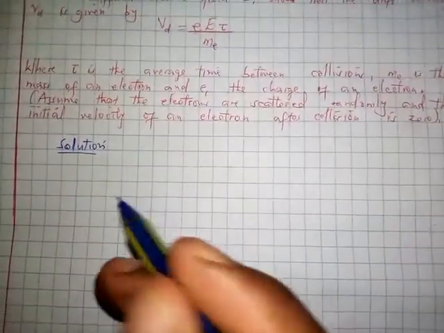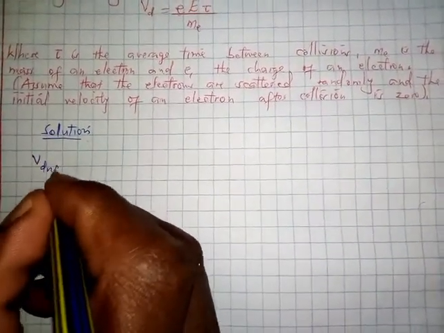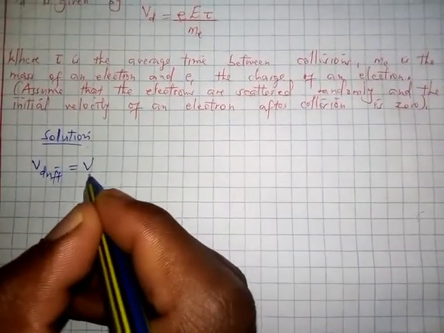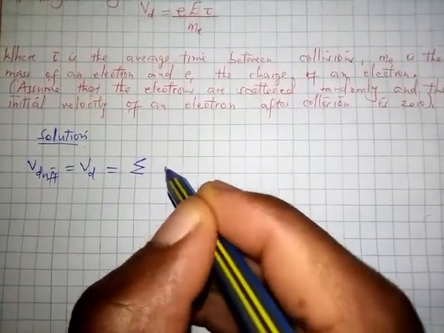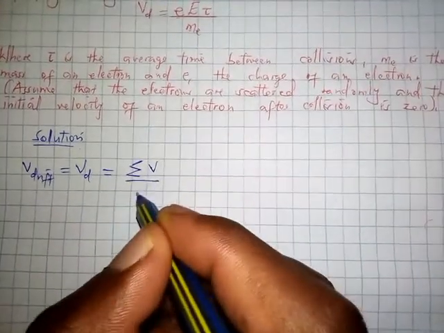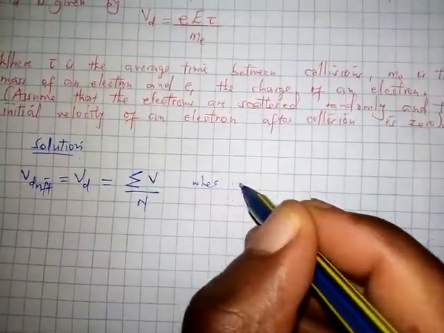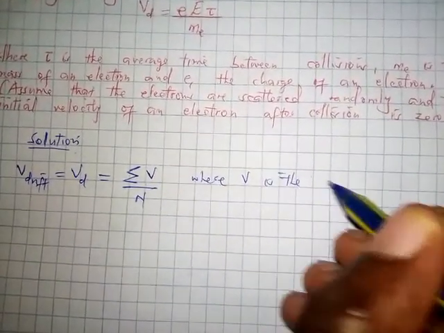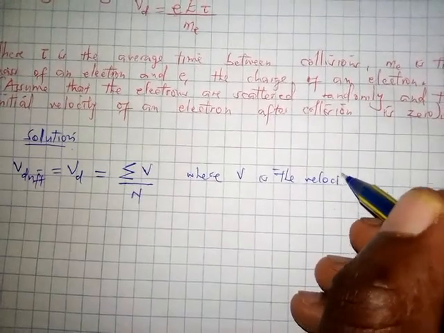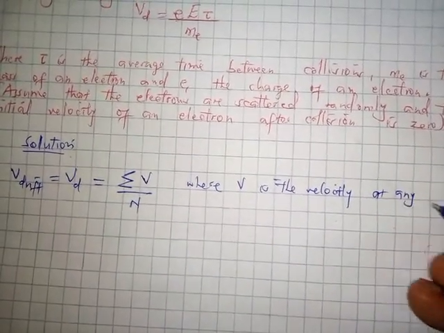So Vd or V drift is given by the summation of V over N, where V is the velocity at any point.